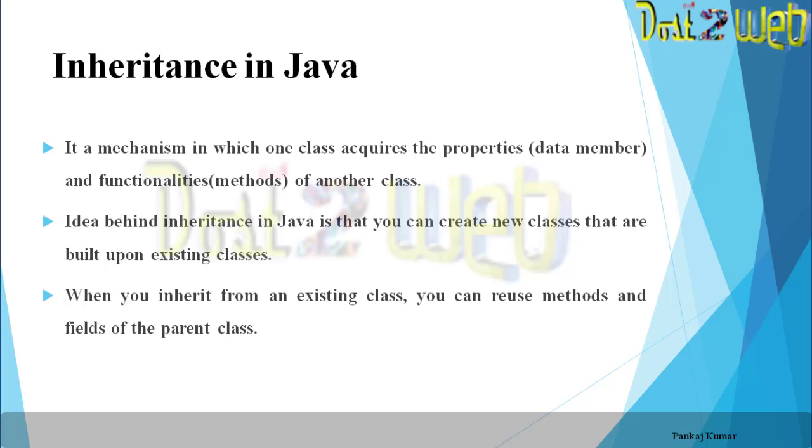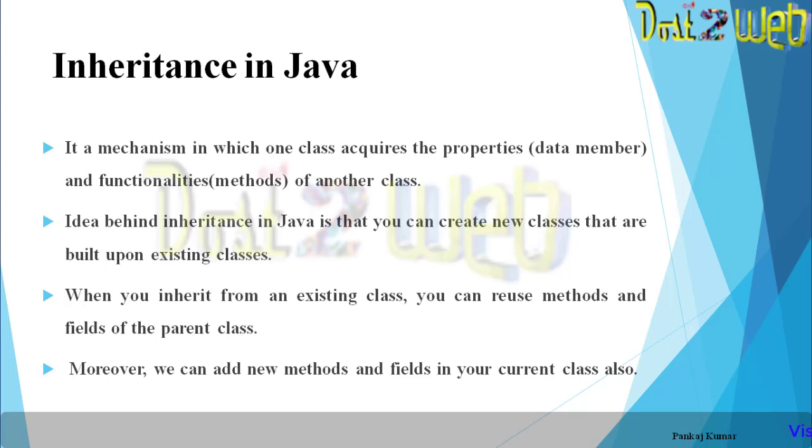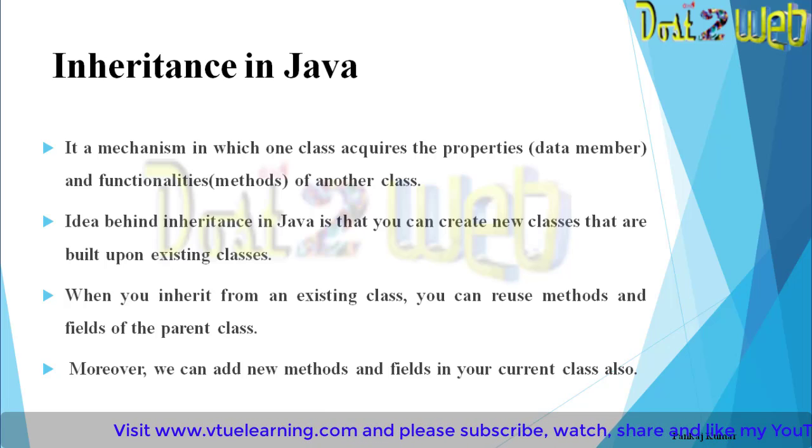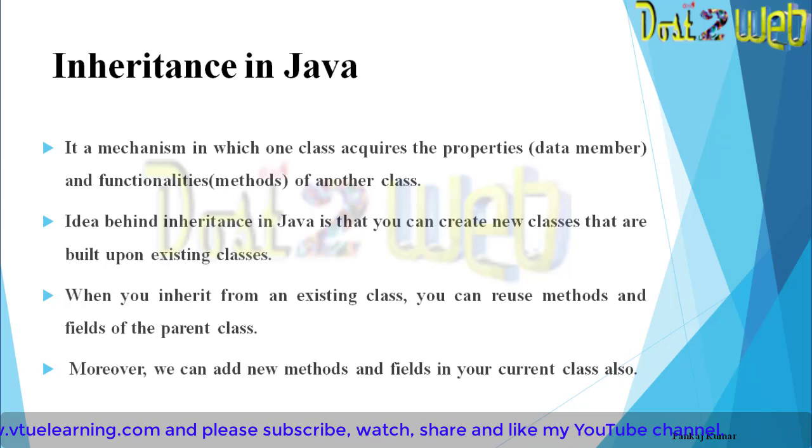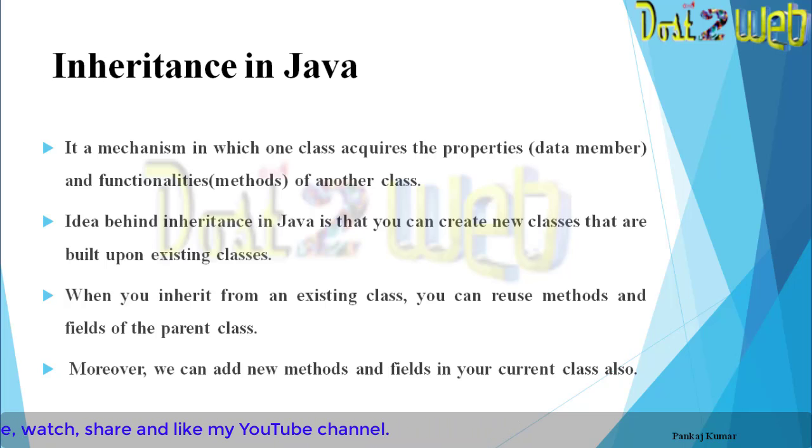So you can reuse the methods of the parent classes. Moreover, we can add new methods and fields in the current class also. That means in the new class you have created, you can also create new methods and data members. So whatever add-on you want, you can add. It's not that we cannot add features, that is, functionality and properties, to the new class. You can add them also.